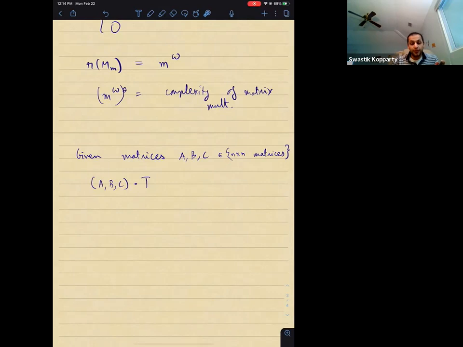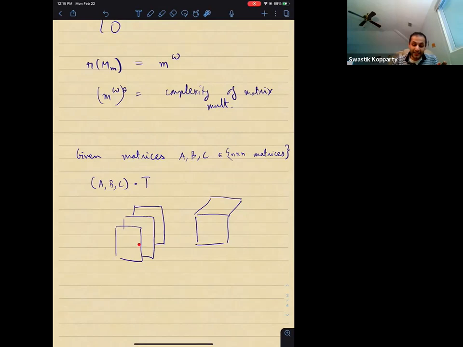The tensor T is a cube, and it has slices. Let's look at the slices: there's this slice, the next slice, the next slice. We can take linear combinations of these slices and produce new slices. I take a certain linear combination of these slices and produce a new slice, then another linear combination and produce another new slice.